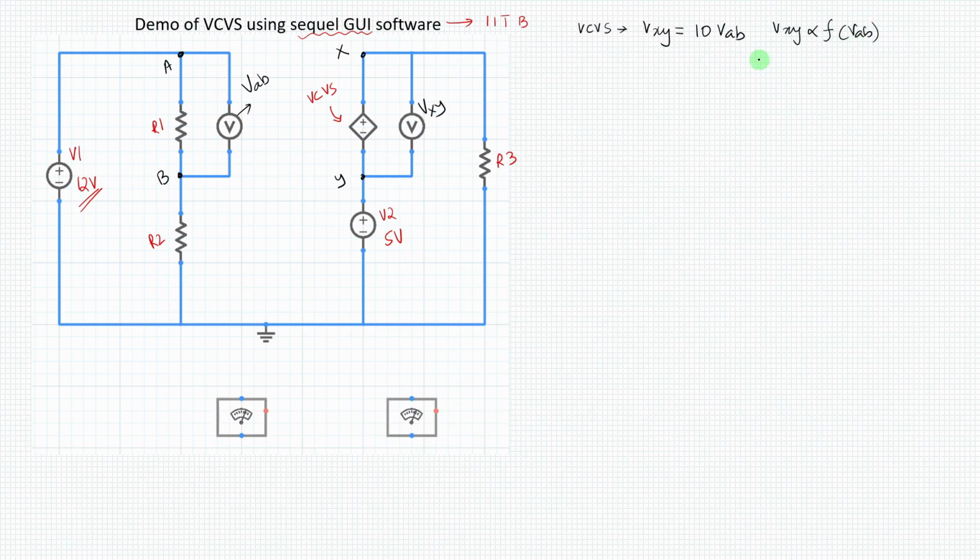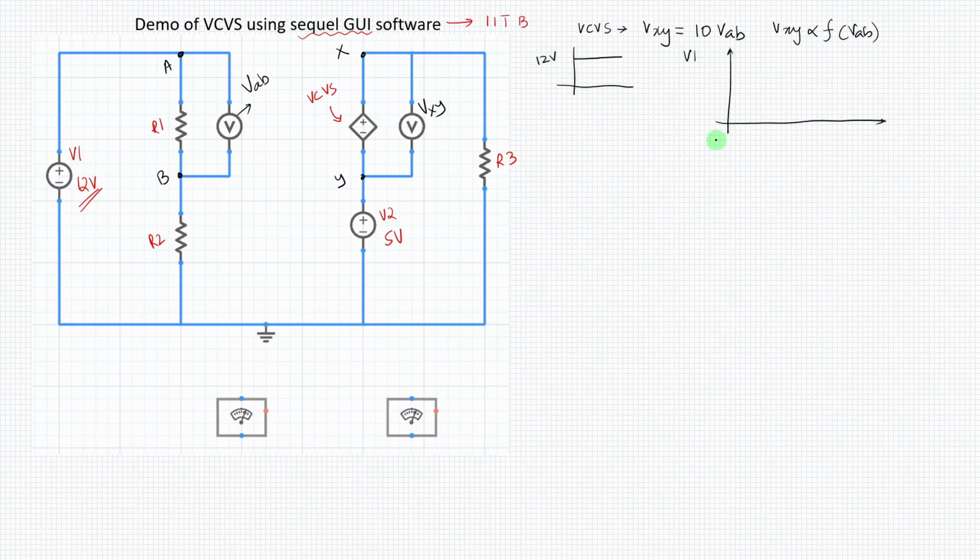Now to show you that a change in VAB will affect the magnitude of Vxy, I have made this voltage source in a special way. When I put V1 as 12 volts, you might think it is a constant 12 volt source. But no, I have made a small change. The voltage V1 will gradually build up to 12 volts.